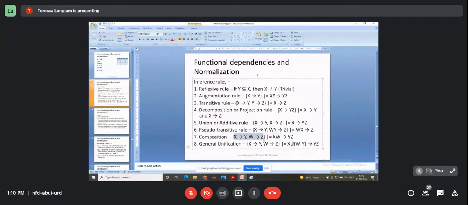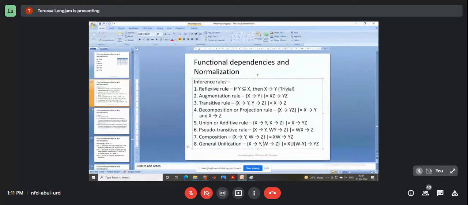The last one is general unification. If we have two functional dependencies like this, then by removing Y from W, if Y is a subset of W, they are all sets of attributes, isn't it?